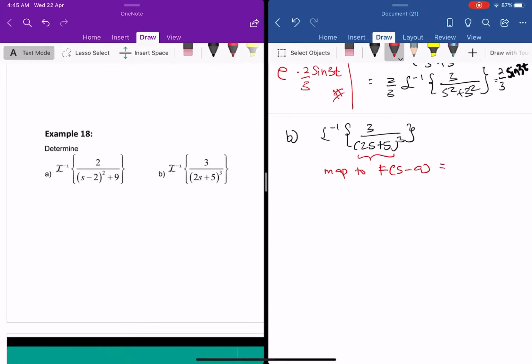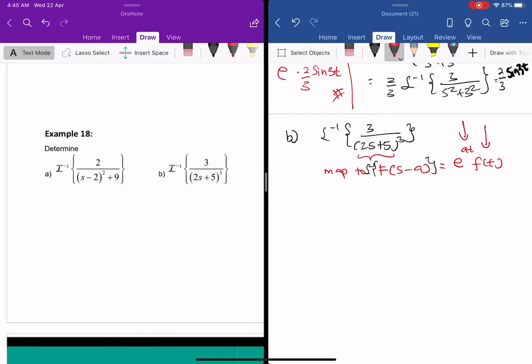This s minus a comes from when we do the inverse here. We know that we obtain e to the power of at times f(t), so we need to find this exponential and this a, like in example A.